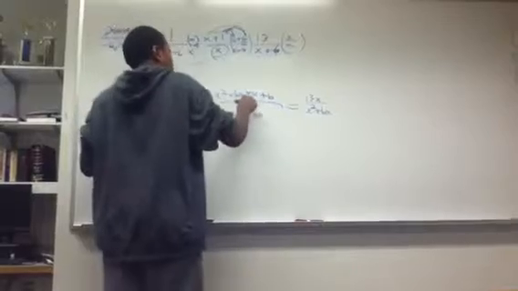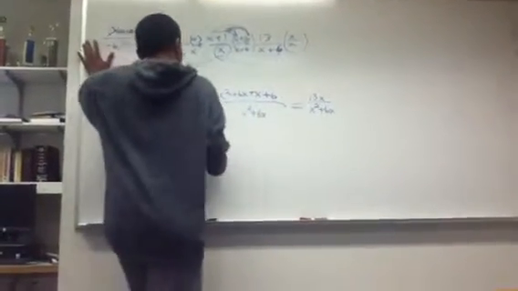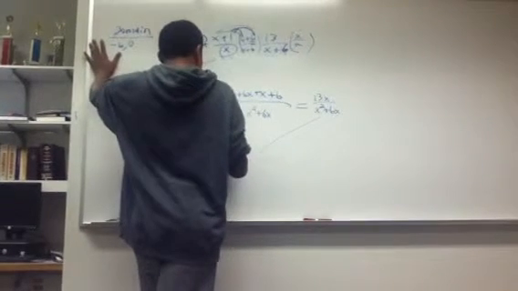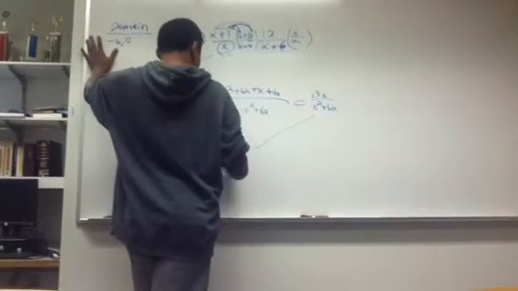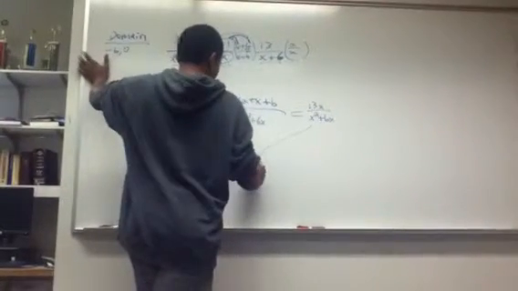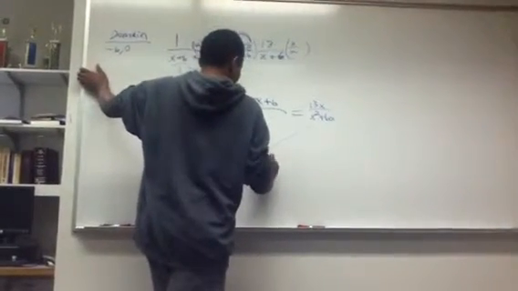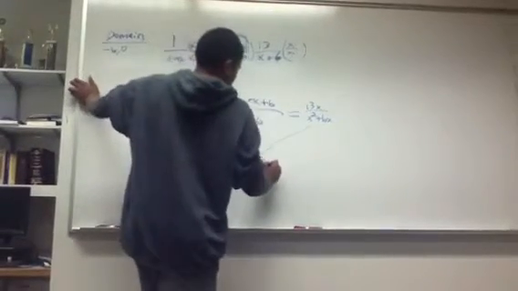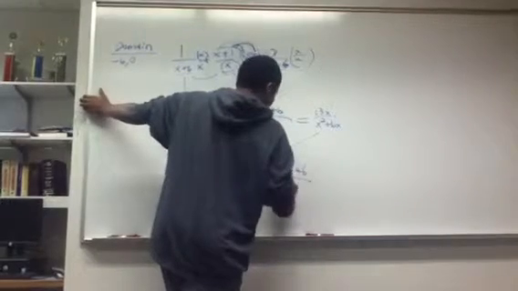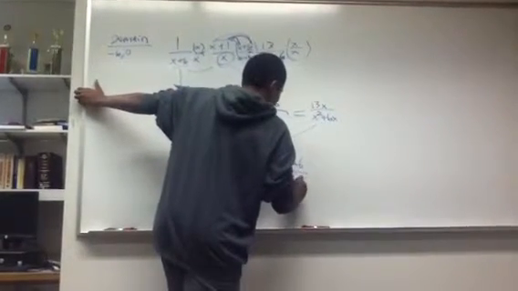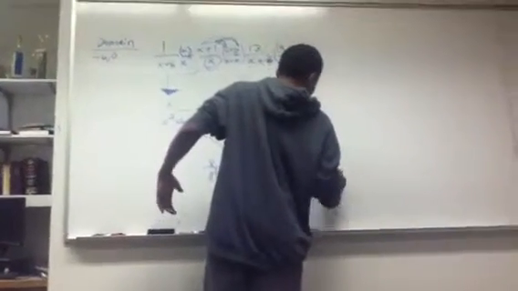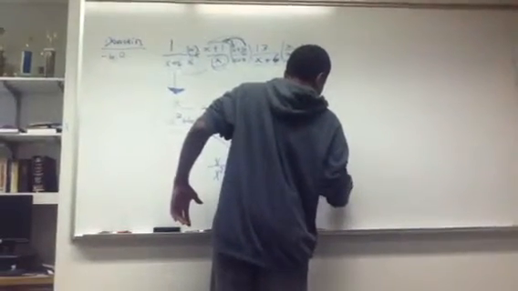Now, this is pretty long, so let's simplify it and move all this down here, which would get x over x squared plus 6x plus x squared, 6x plus x equals 7x plus 6 all over x squared plus 6x. And that would equal 13x over x squared plus 6x.